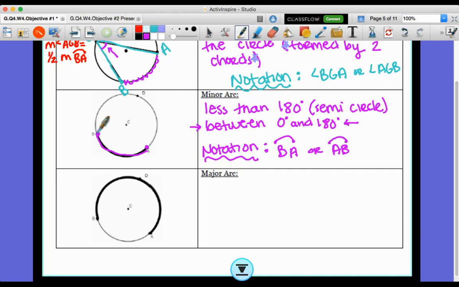Well, how did we know that we weren't going all the way around it this way? Well, it's a minor arc, so it's less than 180. So if I'm naming it with 2 letters, it's indicating to me that it's the shortest distance around.